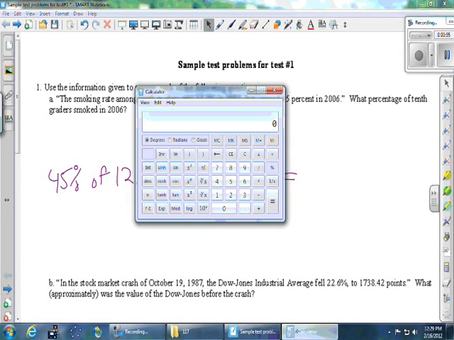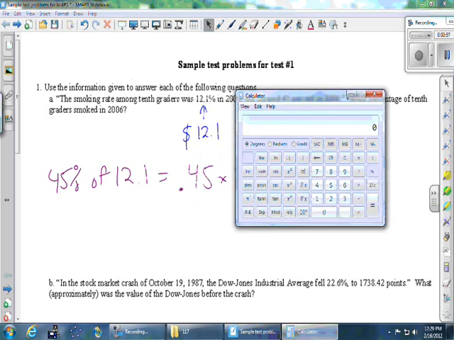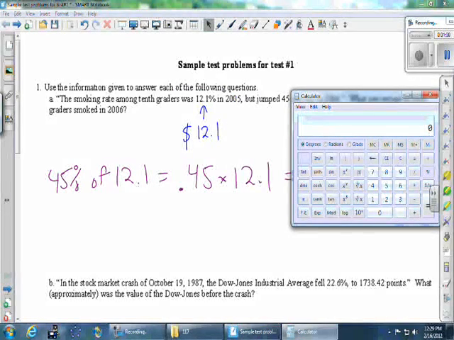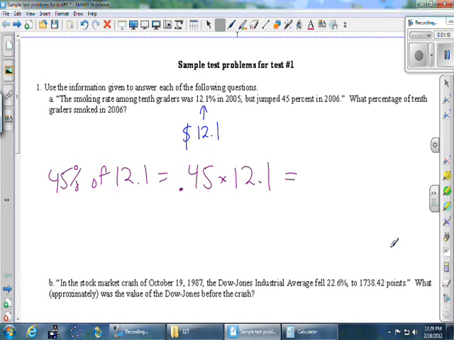So we'll do this on the calculator. We're looking for 0.45 times 12.1. So we get 5.445. That right there is the amount of the jump.